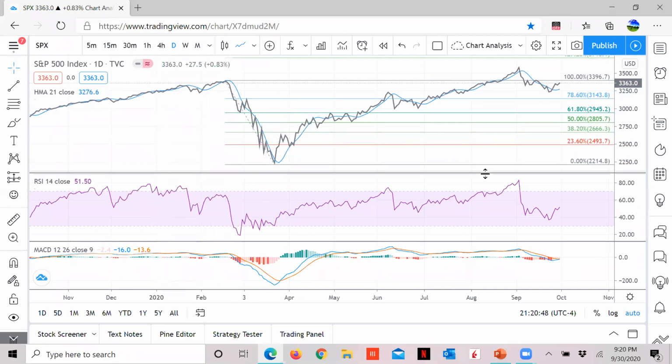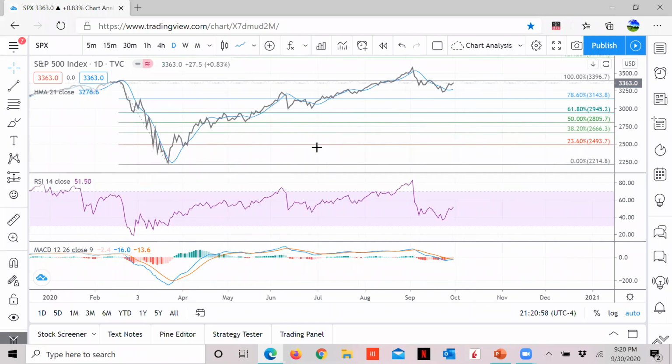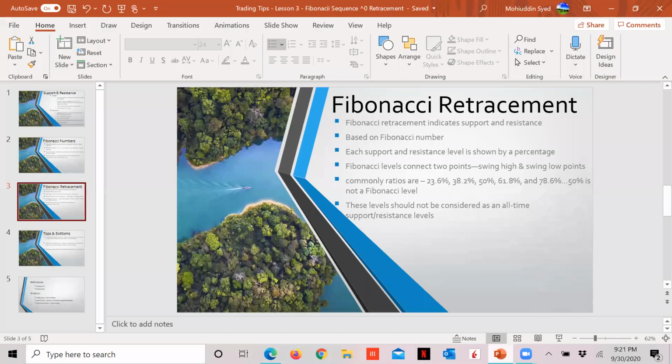Once you do that, you can see the levels here, the same percentages that I just showed you: 23.6, 38.2, 50, 61.8, 78.6.